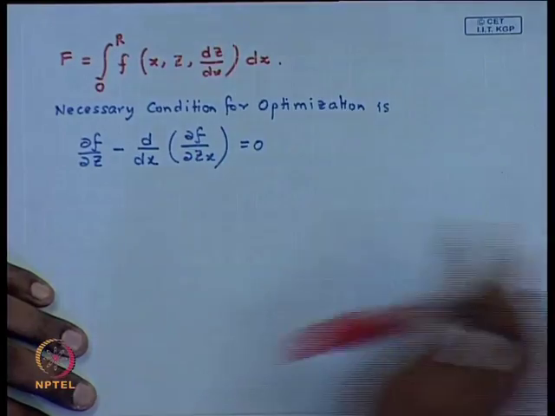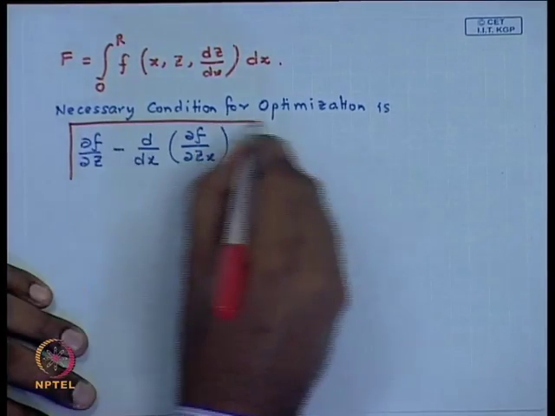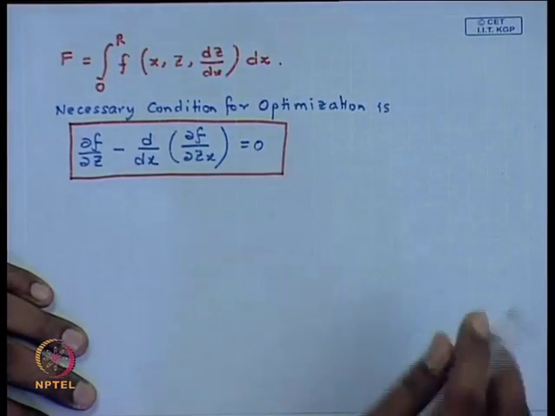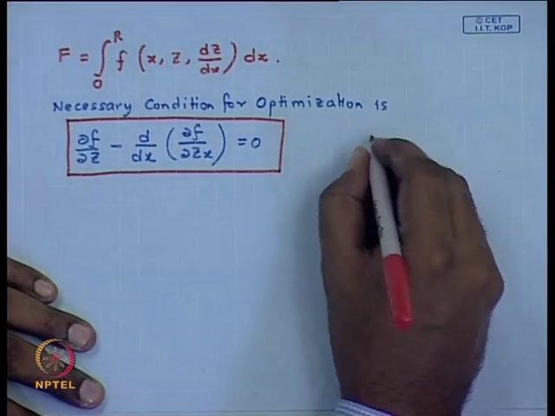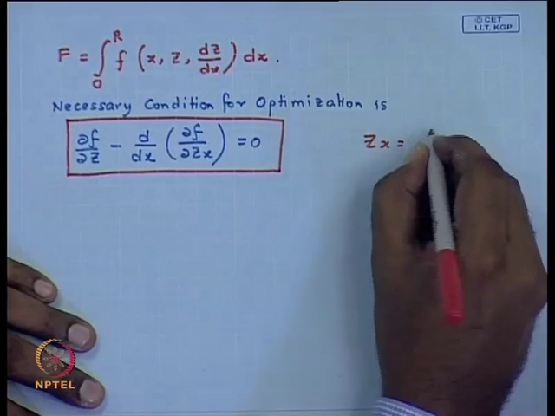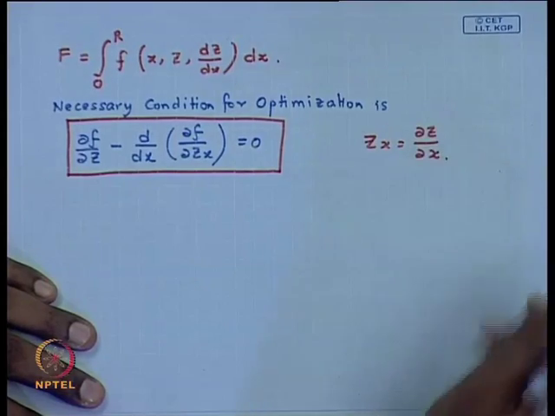For the context of this particular course, you might just take this expression for granted without going into too much of the details, where I have already pointed out z_x is the partial derivative.